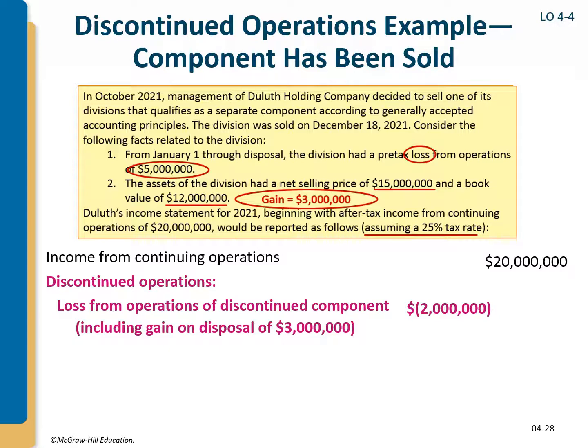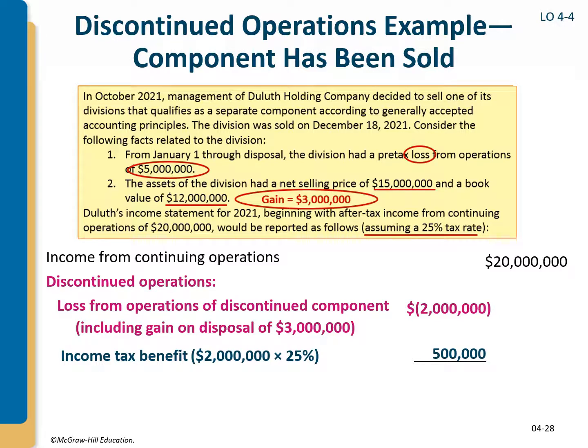Okay, $5 million. Including gain on disposal of $3 million. So they're netting together here the $5 million loss and the $3 million gain. But we're letting people know, oh, overall, there was a $3 million gain when we sold it, but netting the operations and the sale gives us a $2 million loss.